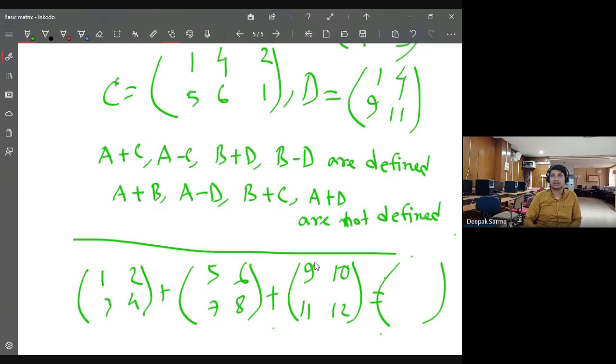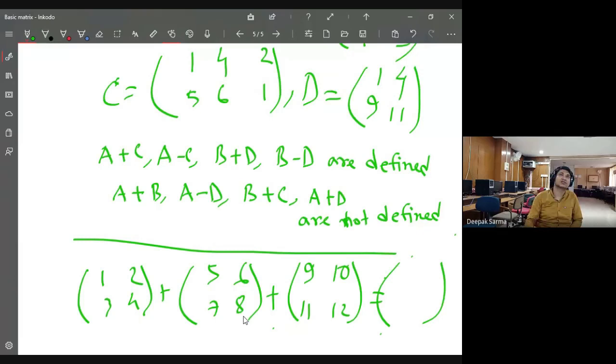For addition of two matrices, they must be of the same order, and we add them entry-wise. But in terms of multiplication, we don't do so. We don't define it like 1 into 5, 2 into 6. There is a logic to multiplication, so we are going to discuss it in the next class.